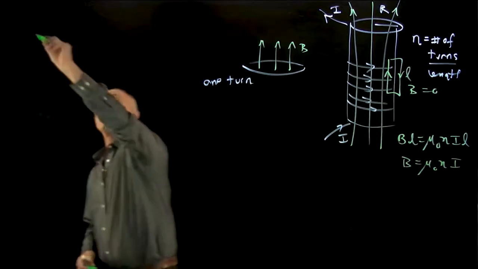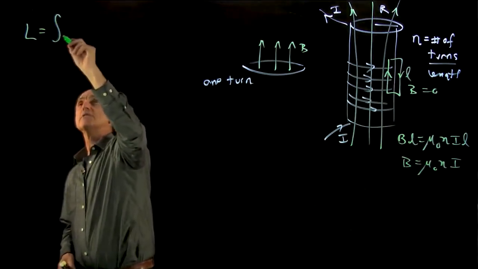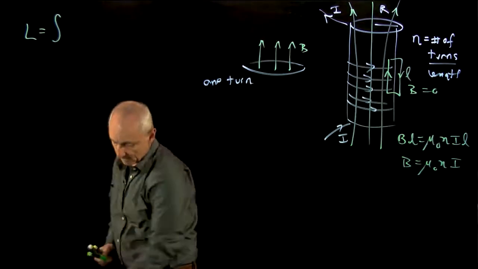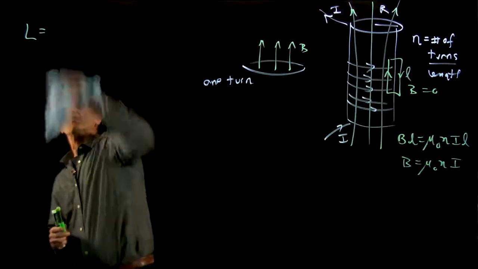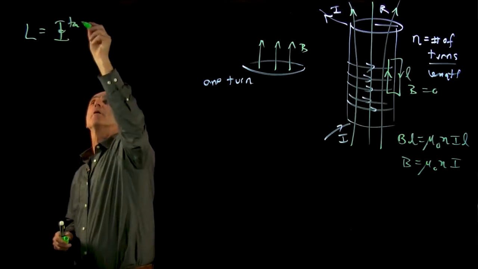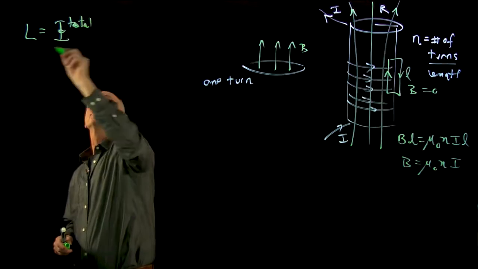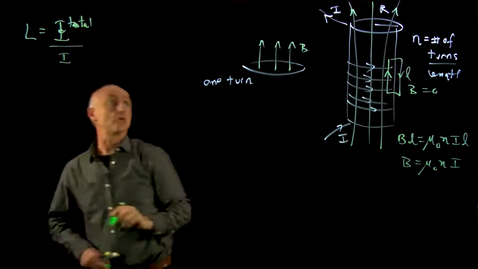And so when we want to calculate the self-inductance, we're integrating. Now this is a little bit tricky. So let's write it first this way. It's the total flux through the solenoid divided by the current in the solenoid.